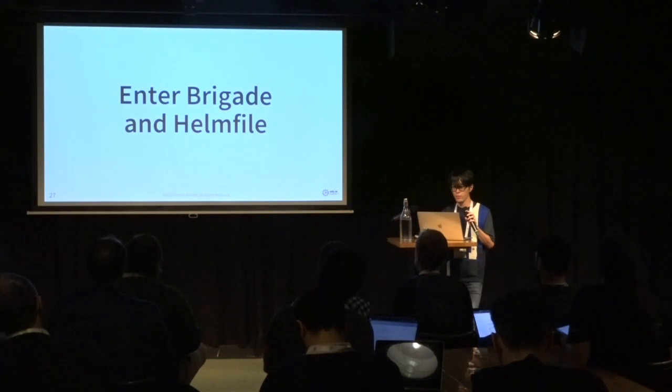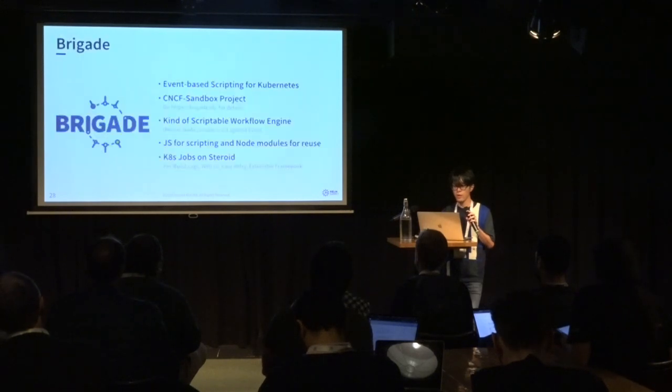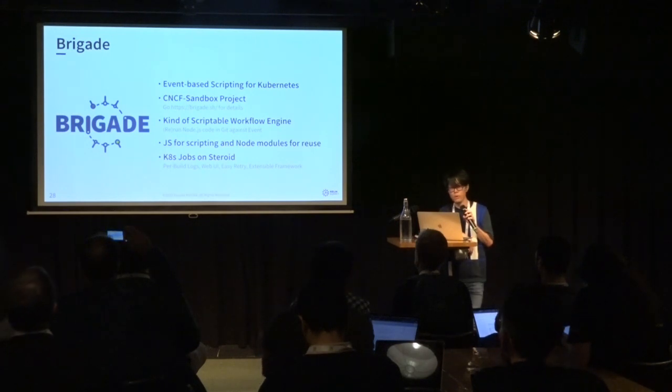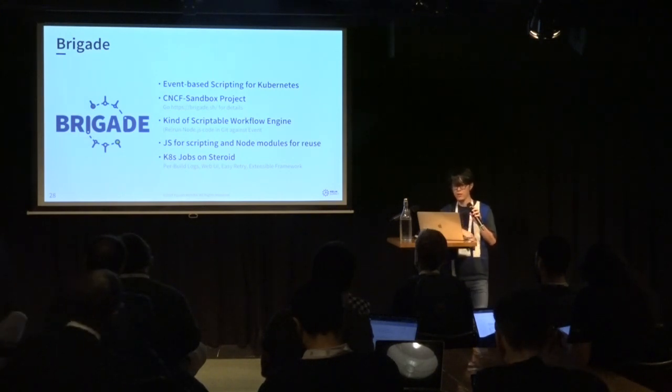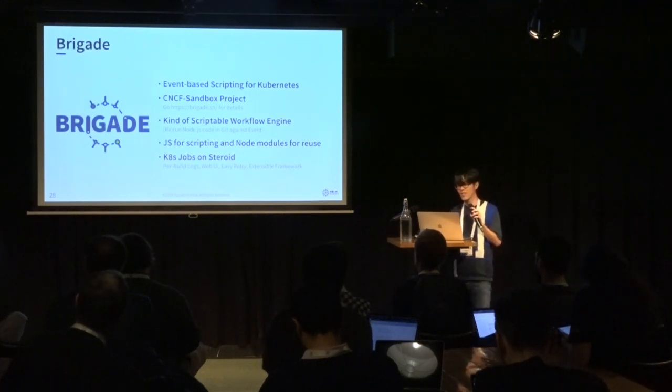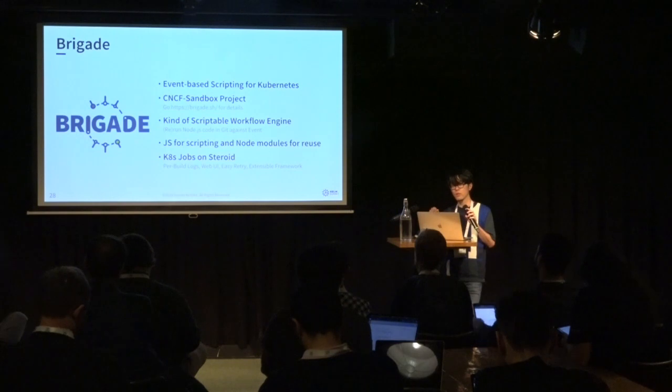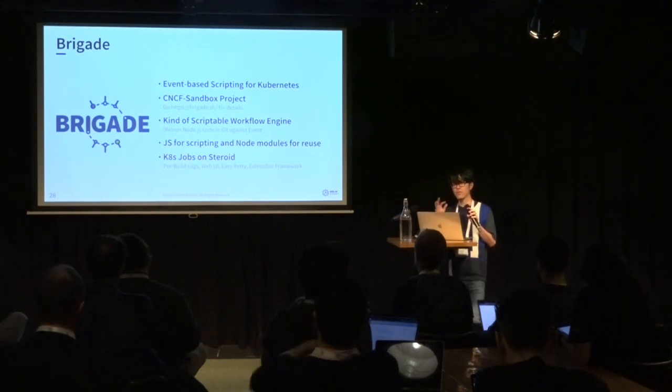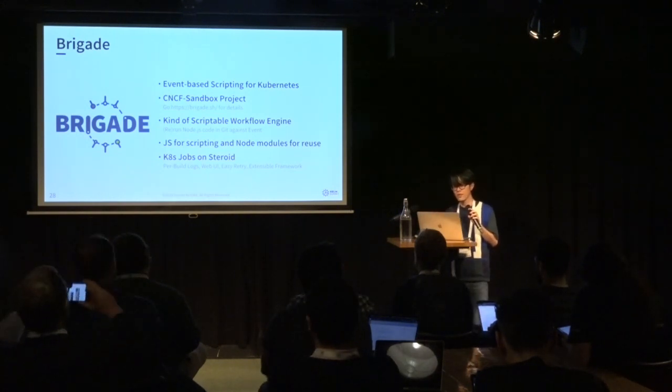And today I'll be introducing Brigade and Helmfile. Brigade is event-driven scripting for Kubernetes. It's a CNCF sandbox project, and it's kind of a scripted workflow engine. It actually runs a Node.js runtime inside a pod and gives it a JSON document as an event.